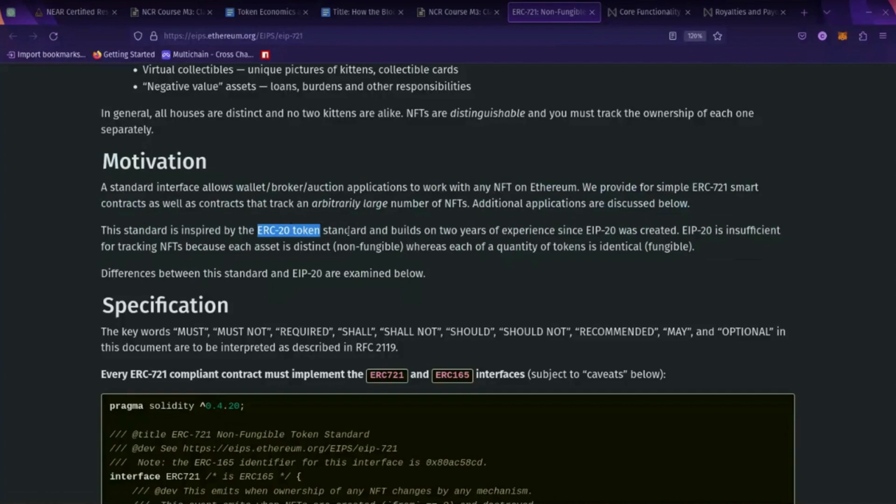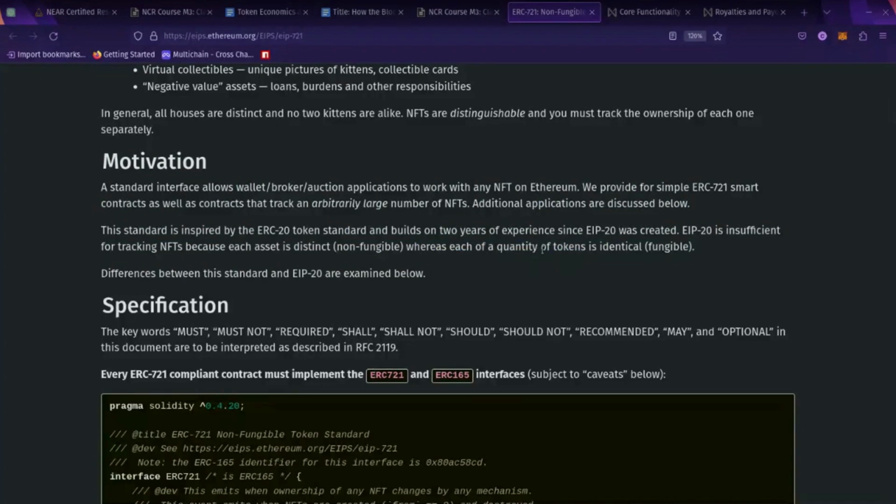For example, DAI or USDC, USD stablecoins, generally use the ERC-20 token standard. There are other standards as well. They're saying the fungible token standard, EIP-20, is insufficient for tracking NFTs because each asset is distinct, non-fungible, whereas each quantity of the token is identical, fungible.